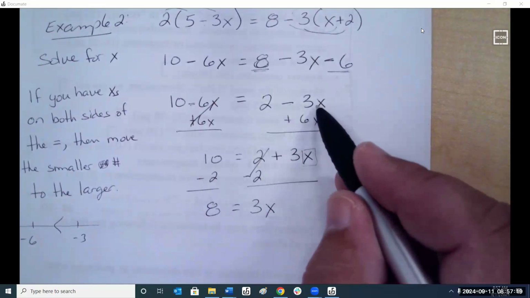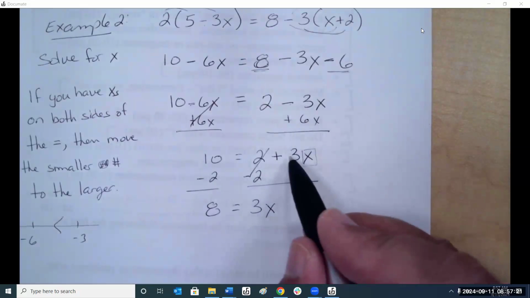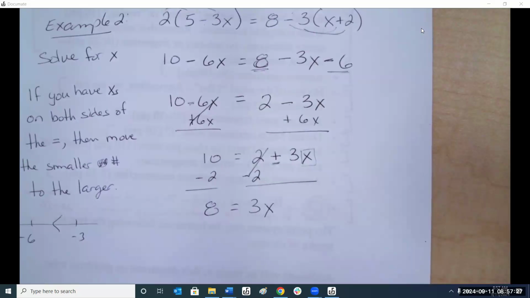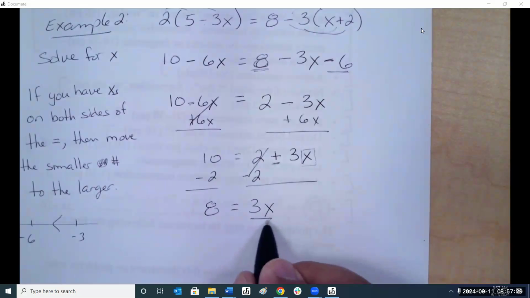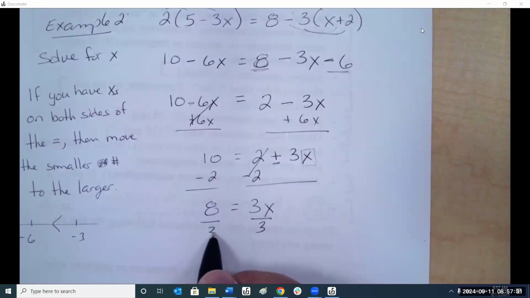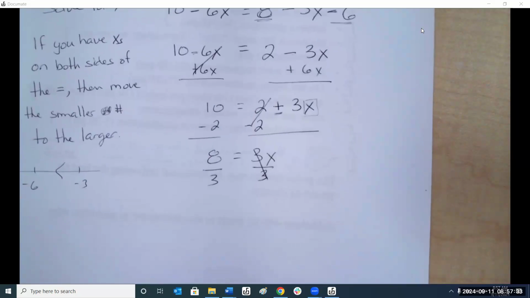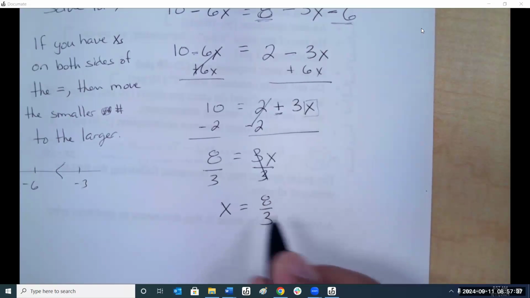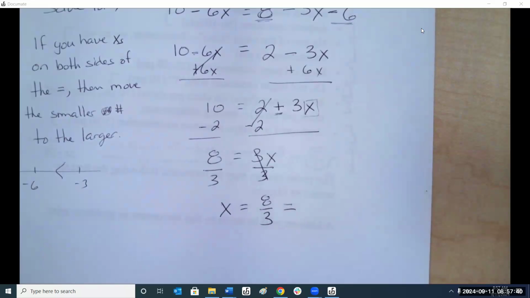This is the reason why, if we move the smaller to the larger, we'll always have a positive coefficient in front of the variable. Now, all I have to do to get x by itself is divide both sides by 3. So x is equal to 8/3.